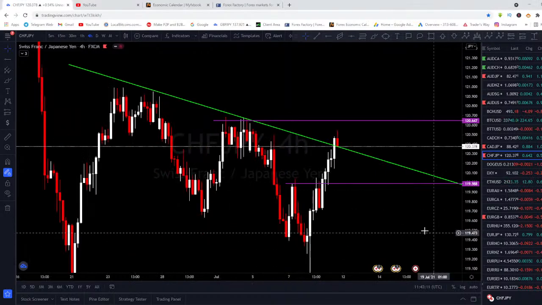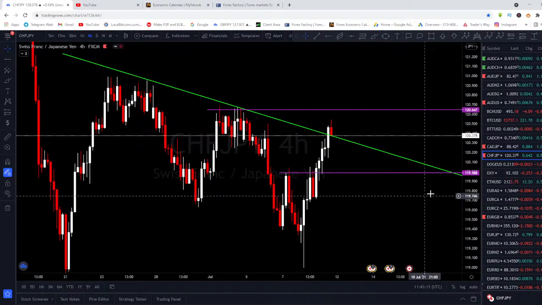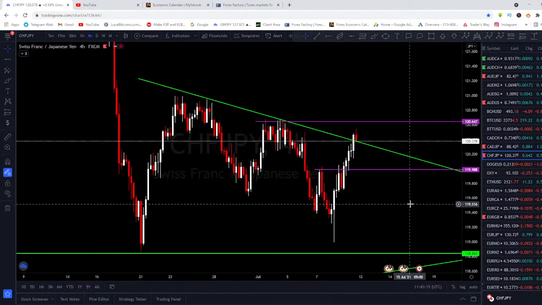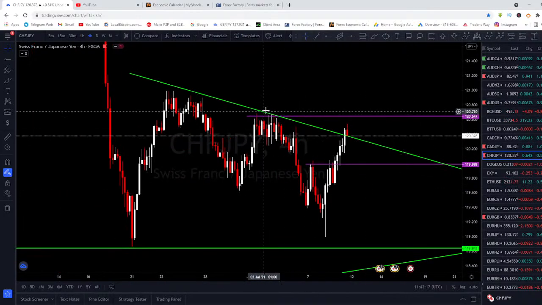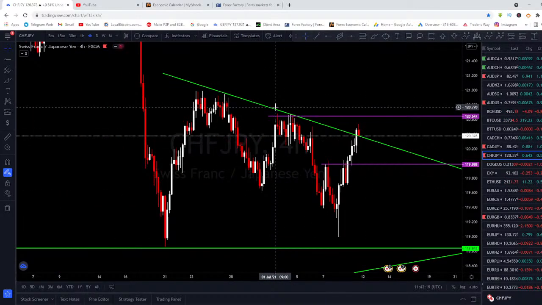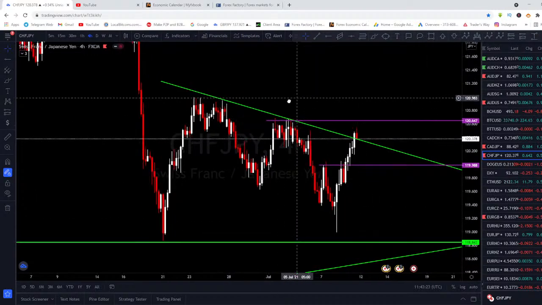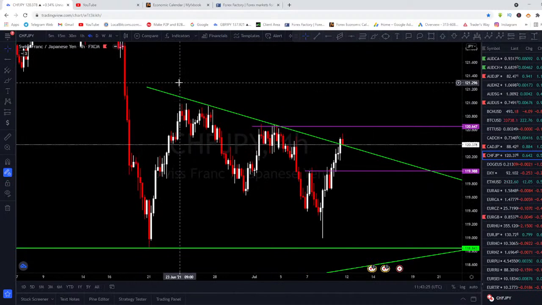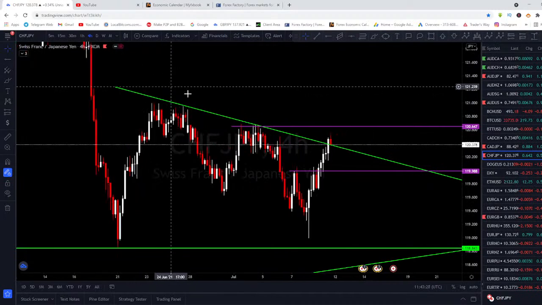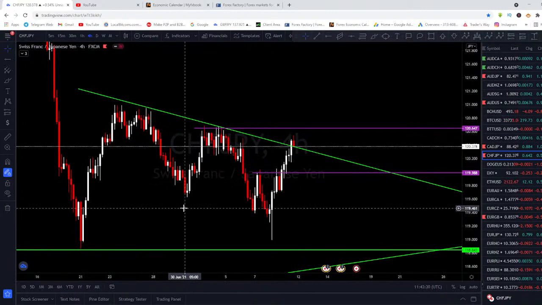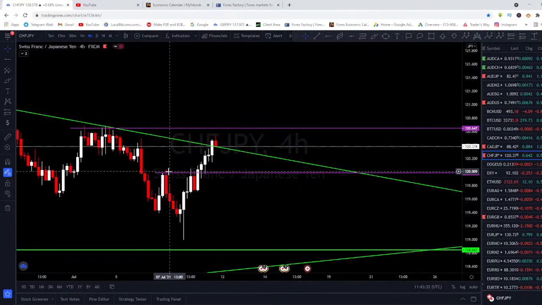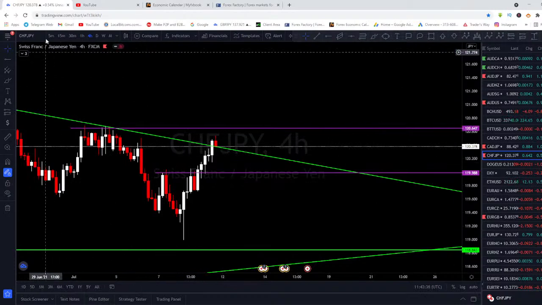But first of all, let me finish with this CHFJPY. Then I'll do GBPCHF first, then go down to NZDJPY, right? So you can see this is the previous resistance line on this CHFJPY for our time frame now.